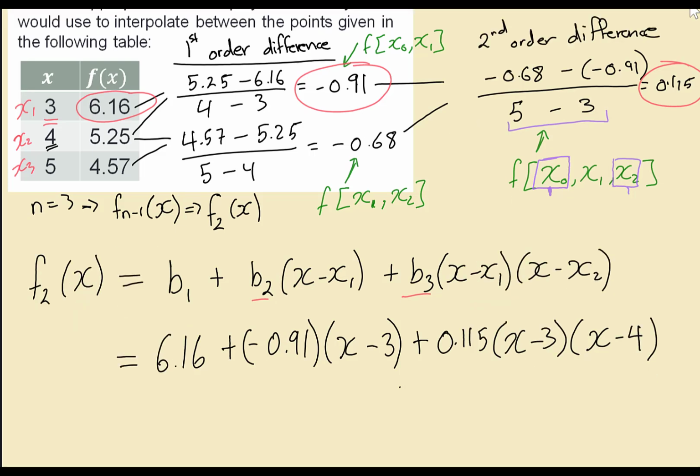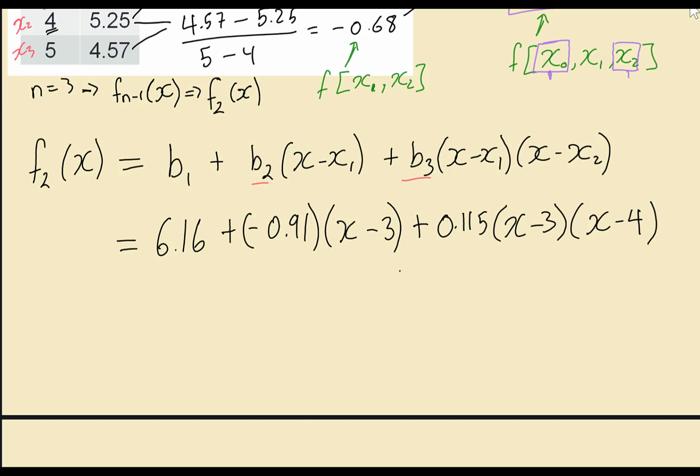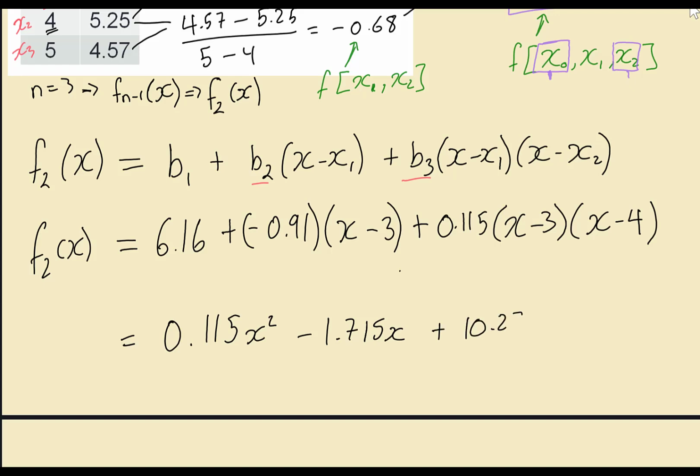And if we expanded and simplified this second order polynomial, what you'll find is this is equal to 0.115 x squared minus 1.715 x plus 10.27.